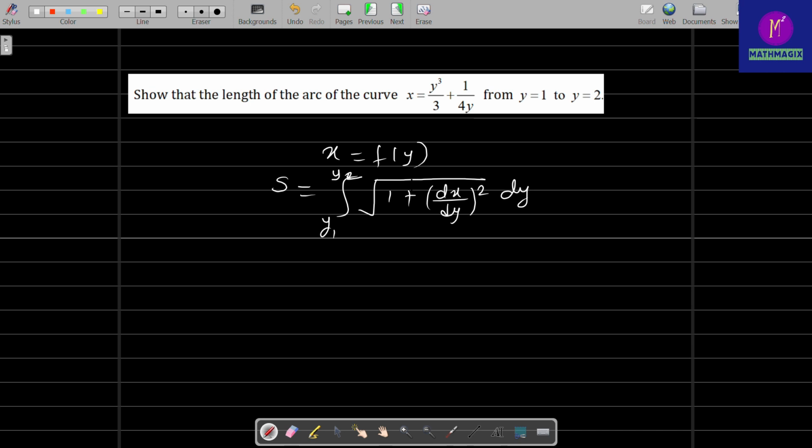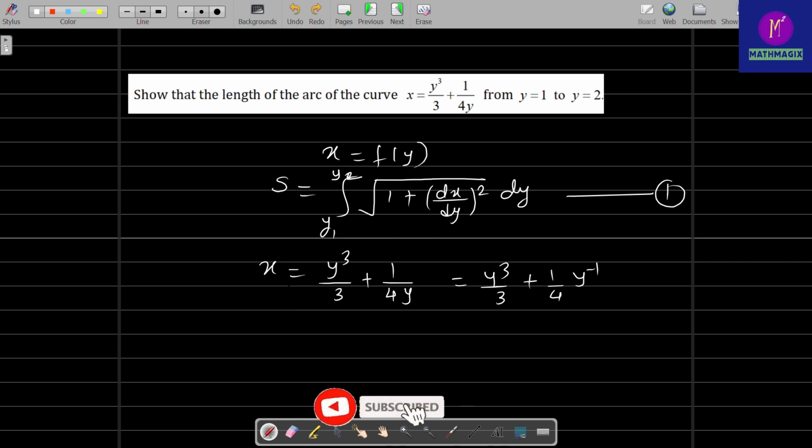Let's first find out this square root of 1 plus dx by dy the whole square, and then we will substitute everything in this formula and find out the final answer. So given x is equal to y cube by 3 plus 1 upon 4y, which is the same as y cube by 3 plus 1 by 4 y raised to minus 1.